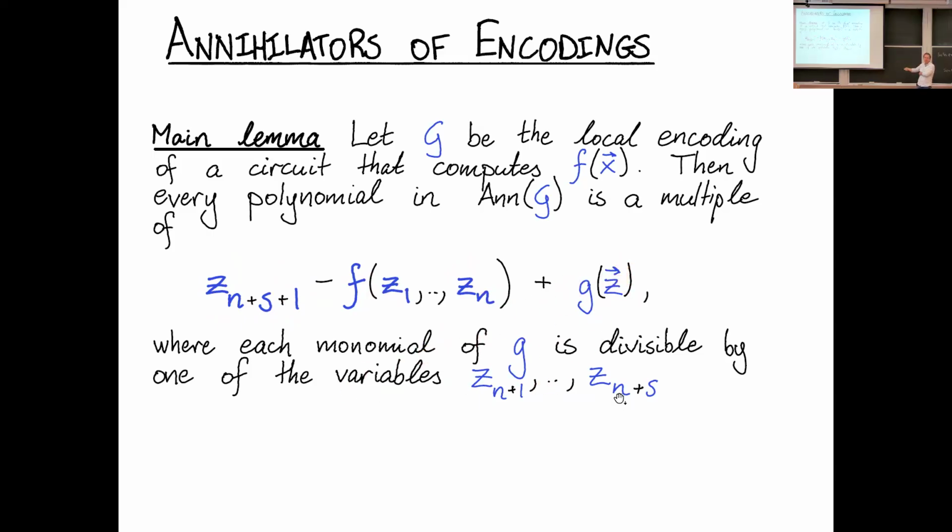Every monomial of g is divisible by some variable that corresponds to an intermediate gate of the circuit. And you could think about it: if you set all of these variables to 0, then you would project this whole polynomial to just z minus f, which feels like we're back in the situation where we just need z minus f to be a hard polynomial. So this is quite a lot of structure that we can work with.